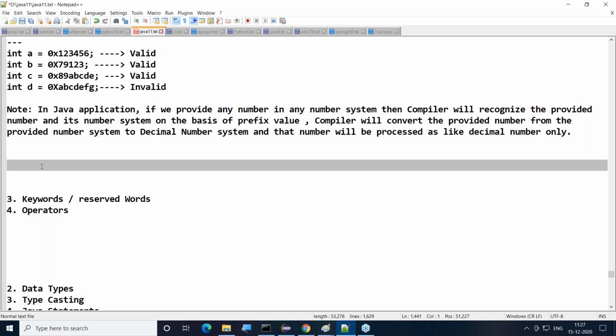Now tell me, binary number system: zeros and ones. That's good.